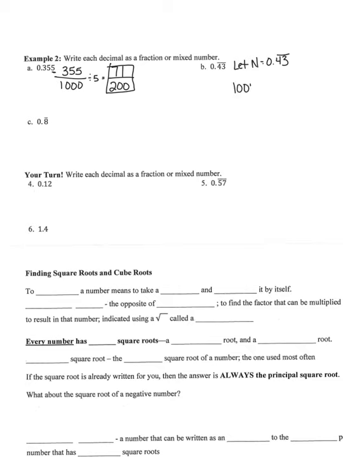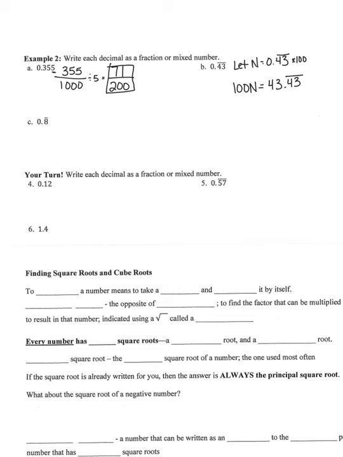So I've got 100n now. 100 times n would be 100n, and then I'm going to multiply this times 100, which moves my decimal point to the right 2 places. So now it's 43.43 repeating.